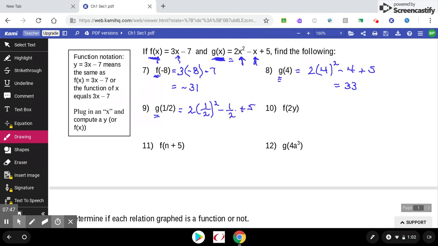And I am again going to pick up a calculator and just type that, 2 parentheses. You go 0.5 instead of 1/2 if you wanted to. Square it, -0.5, +5. And the answer to that is 5.